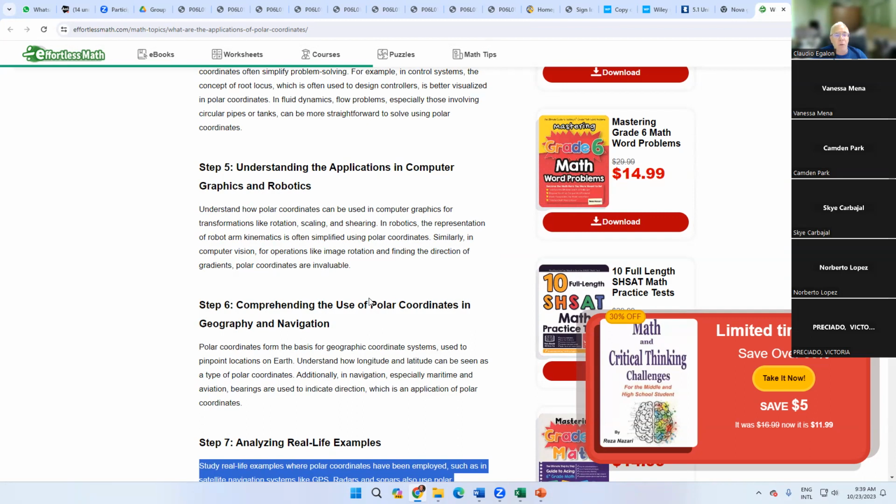We use the spherical coordinate system, which is the radial position from the center of the Earth, the azimuthal angle, which is the longitude, and the polar angle, which is 90 minus the latitude.